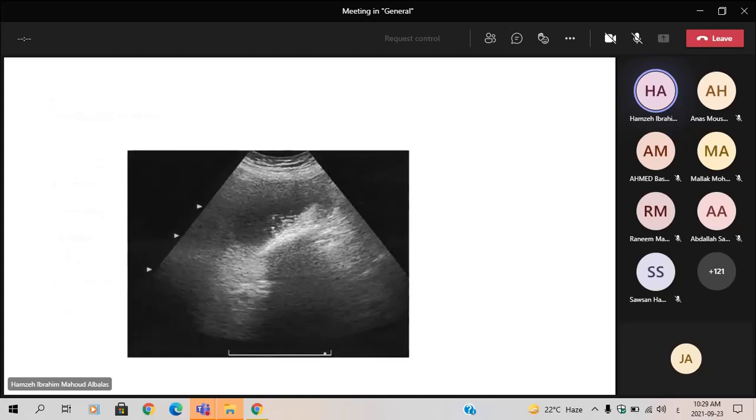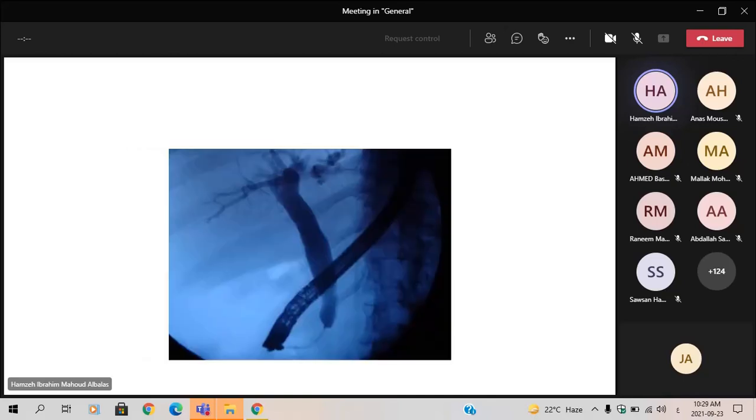This is an ultrasound for a patient presenting with upper epigastric pain. There is an inflamed, large gallbladder, and there is a stone with shadowing of the stone in the ultrasound. And this is ERCP, where there is insertion of the probe and a wire inserted into the common bile duct. With this imaging test we can see obstruction, dilatation of the common bile duct, and the presence of stone or sludge, and we can also do balloon dilation or sphincterotomy through the ERCP.